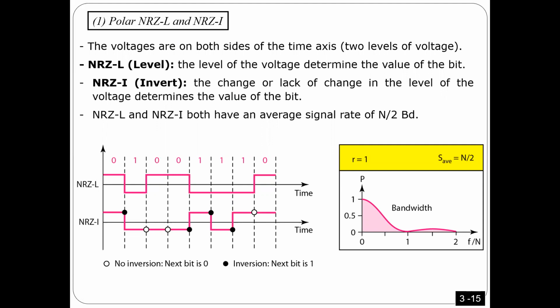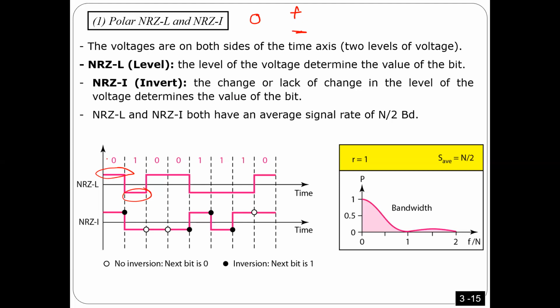So as you see here, this one is exactly similar to the previous one, but before, it was 0 volt, and then we could have positive or negative. Here, no, we don't have 0 volt. We have positive and negative.